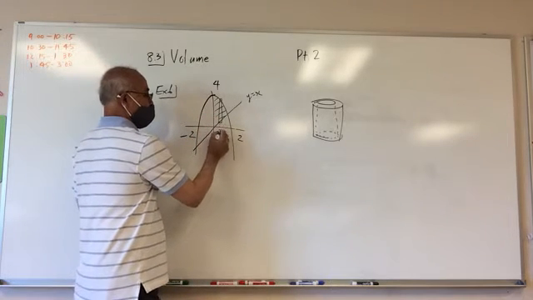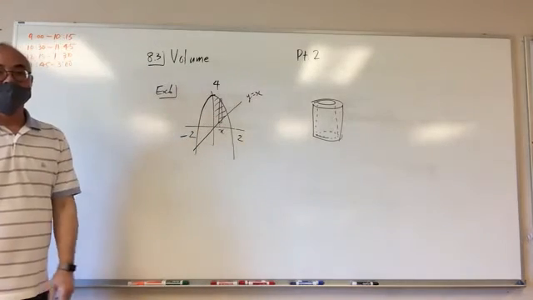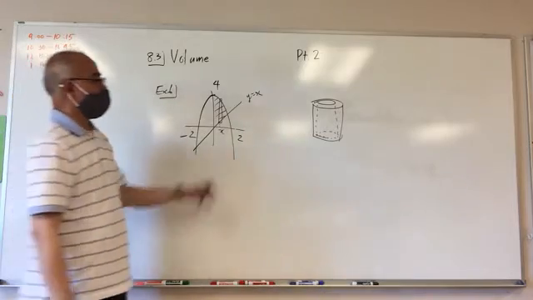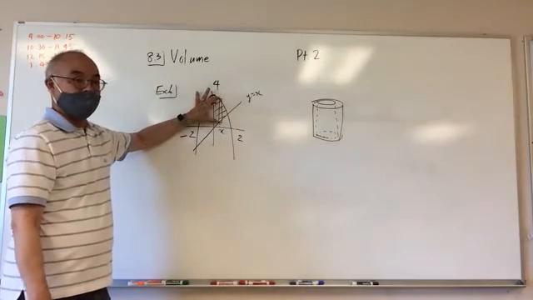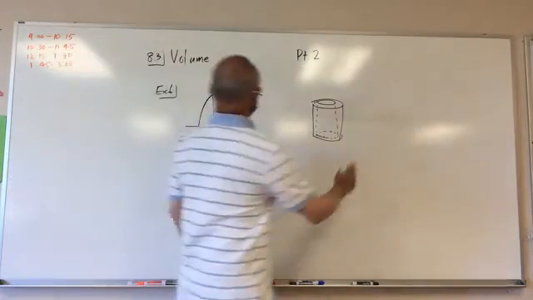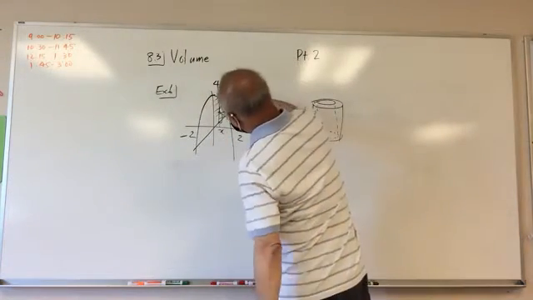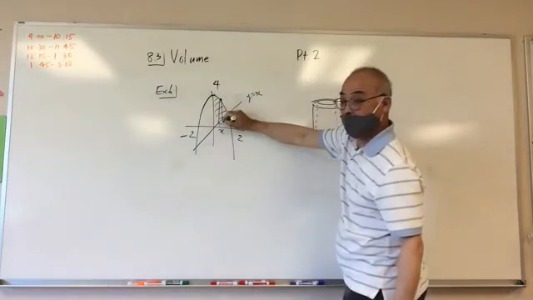And this is x. So what is the height here? The height is going to be this guy minus this guy.